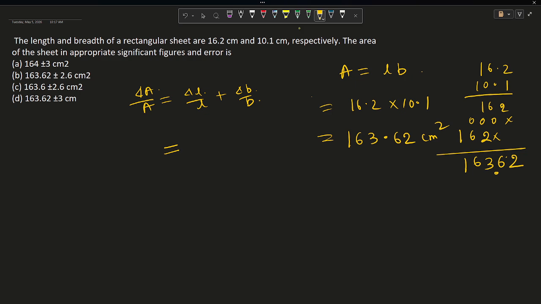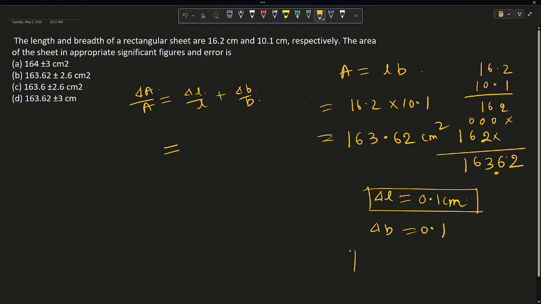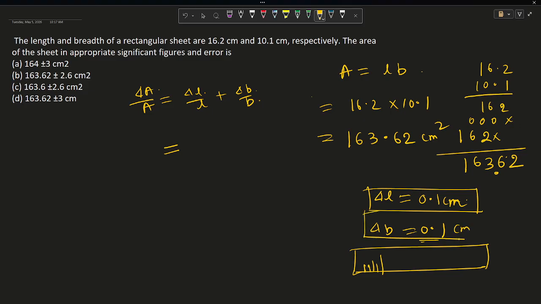Okay, I have to take here the error in length because it is measured on a centimeter scale, so the error will be 0.1 centimeter. That is the least division of the scale that we use in our daily life. So delta L and delta B both will be 0.1 centimeter.